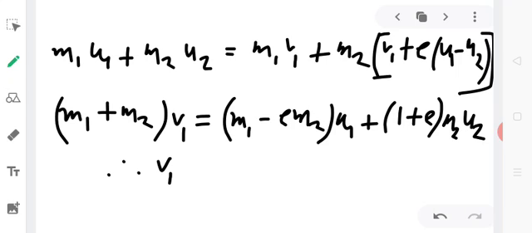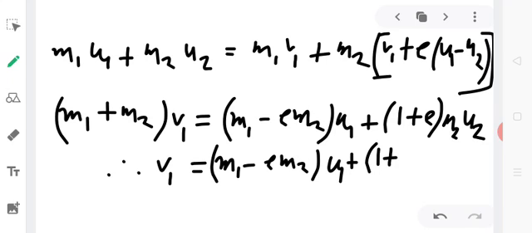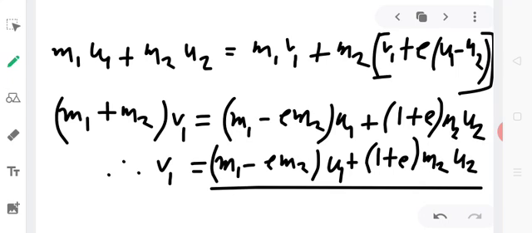Therefore v1 is equal to [(m1 minus e m2) u1 plus (1 plus e) times m2 u2] divided by (m1 plus m2).